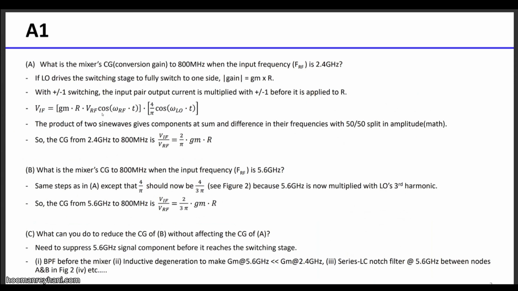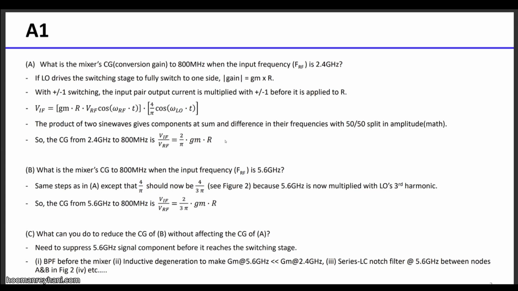So if you multiply these two, now you have a product of two cosine terms, cosine omega RF and cosine omega LO. When you multiply these two, the output will be sum and difference. So you'll get one at 800 megahertz, the other one at much higher frequency. So they will split into half and half. Therefore, there is another additional factor of 1/2. So if you multiply them up, then you'll get 2 over pi times GM times R.